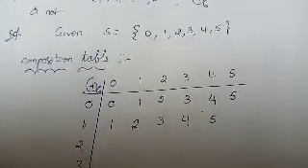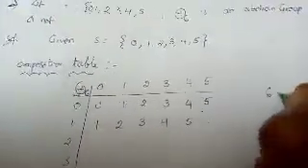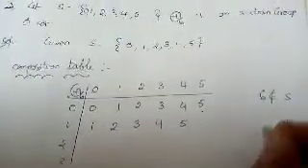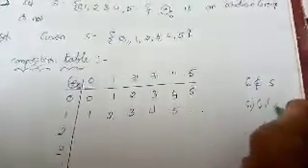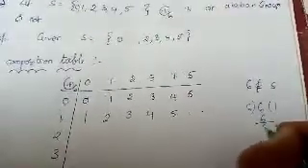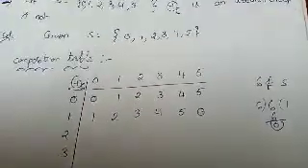So then what do we have to write? 6 does not belong to the given set. Yes, so then we apply the modulo. 6 modulo 6, what is the remainder? 0. So now we write 0 here.